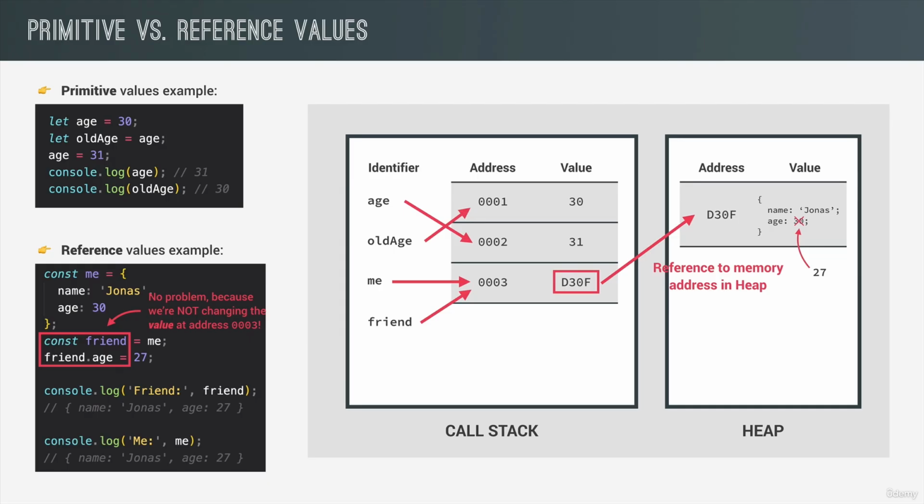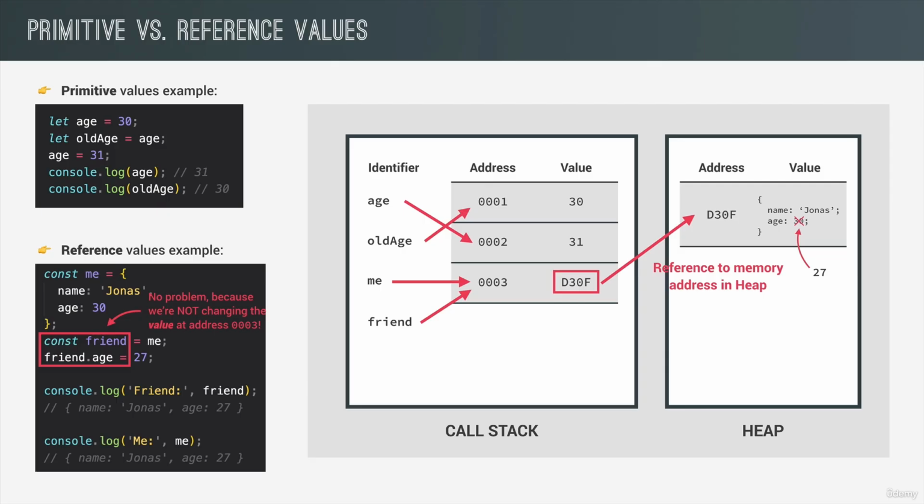So it's a misconception that all variables declared with const are immutable. In fact, that is only true for primitive values, but not for reference values. So keep that in mind whenever you're working with const. Anyway, as we log the friend variable to the console, we get the age of 27, just as we said before.